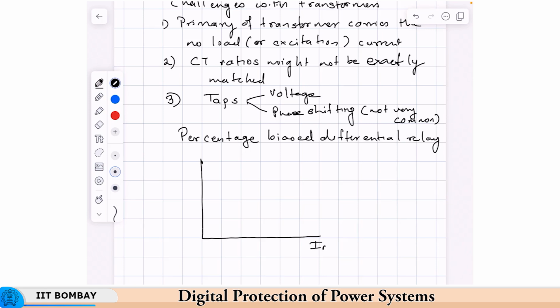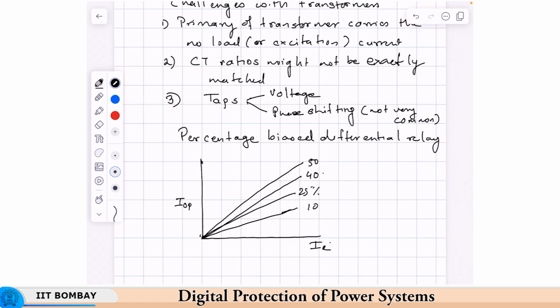If this is the restraint current, IR dash plus IR double dash by average of the two, and this is the operating current or the differential current, then you could have variable slope characteristics. So this is 10%, then you may have a 25%, 40, and say 50.